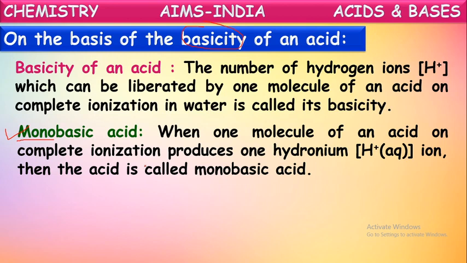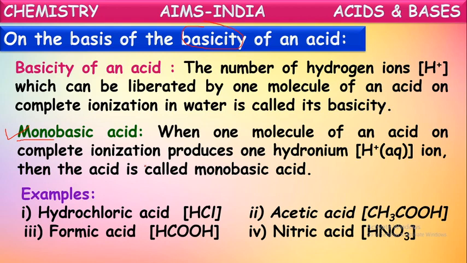When one molecule of an acid on complete ionization produces one hydrogen ion, then the acid is called a monobasic acid. Okay. For example, hydrochloric acid, acetic acid, formic acid, nitric acid: these are the different acids which produce only one H+ ion from their molecule.